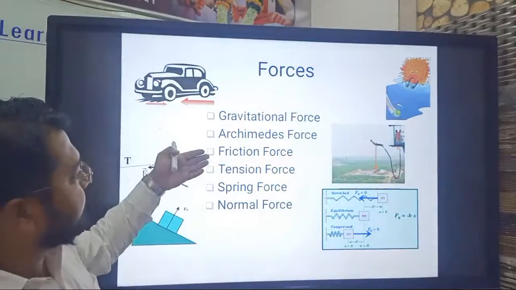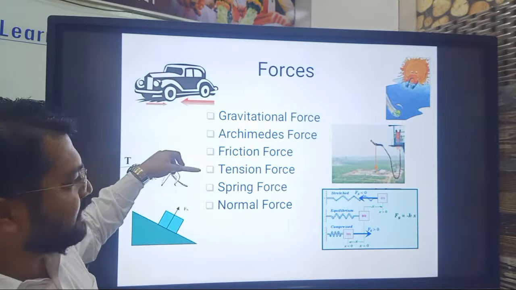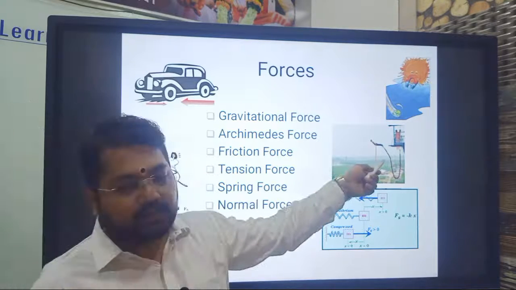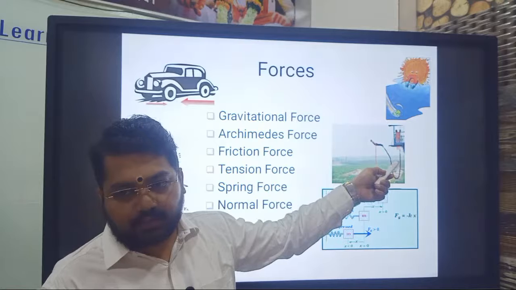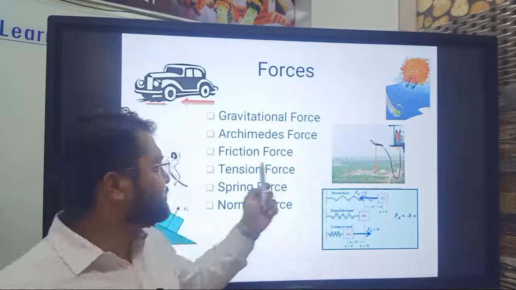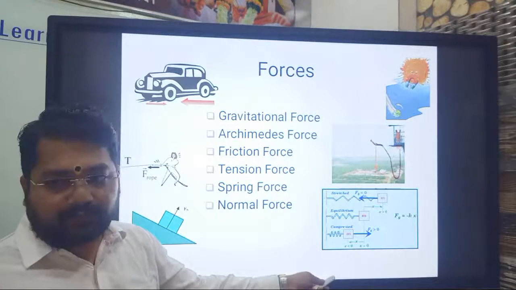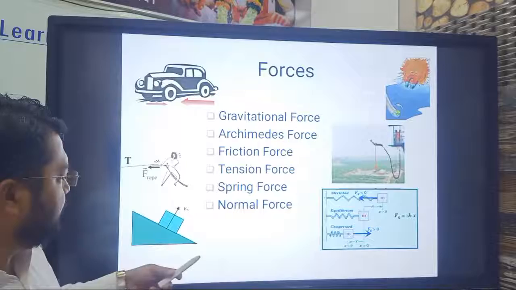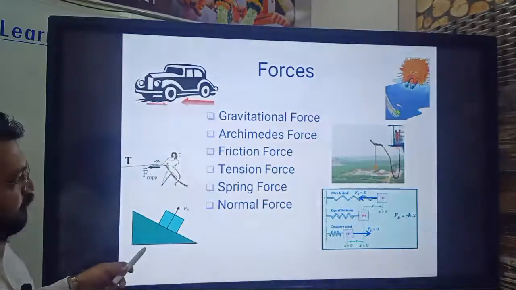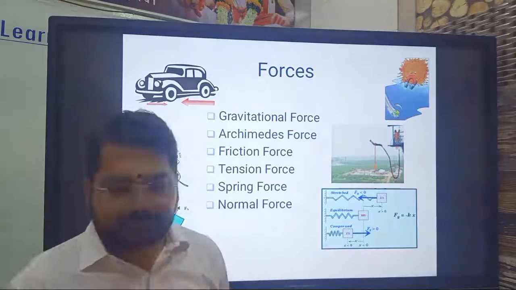Again, friction force, this car is representing friction force. Tension force, the person who is falling connected with the rope is representing tension force. Spring force, this here is the spring force. Normal force, this is normal force, and the Archimedes force is this one, right?